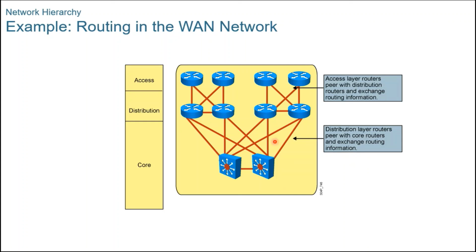Step 3, the packet is multi-layer switched across the LAN core. Step 4, the receiving distribution switch performs multi-layer switching towards the access layer LAN. And the last step, the packet is layer 2 switched across the access layer LAN to the destination hosts connected to these layer 2 switches.